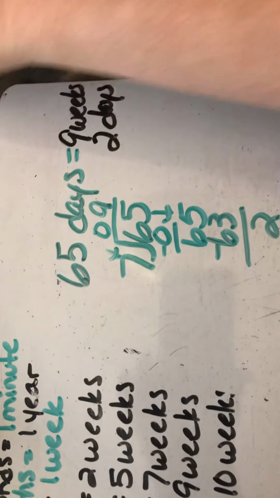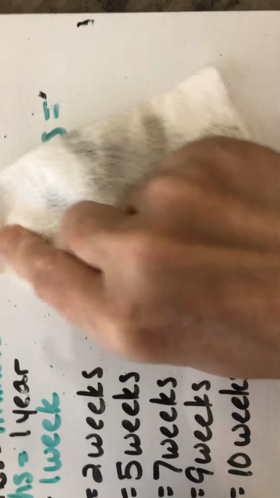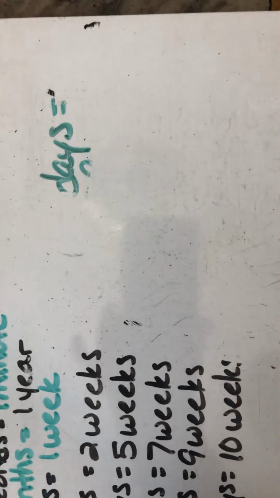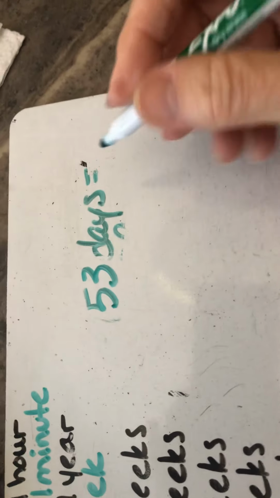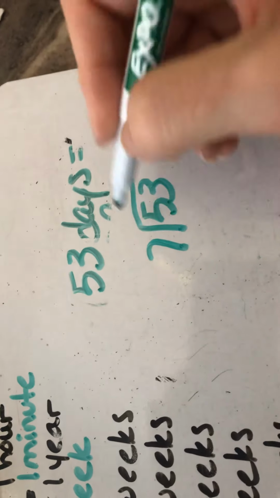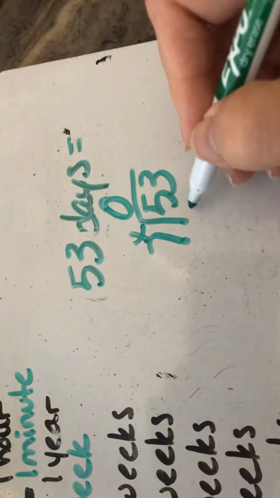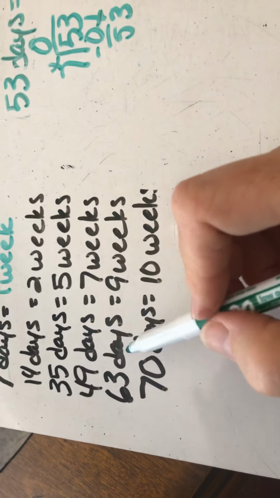Let's do one more. 53 days. Okay? Again, 53 divided by 7. There's my 0. I don't see anything in the 50s, but I see that 7 times 7 is awfully close.